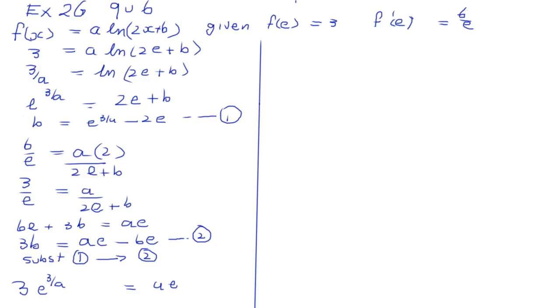And so I can write e to the 3a equals a on 3 to the e, and I'll just emphasize that's to the power 1. So we can equate coefficients, so it's 1 e to the 3a, so the coefficient 1 will equal a on 3.